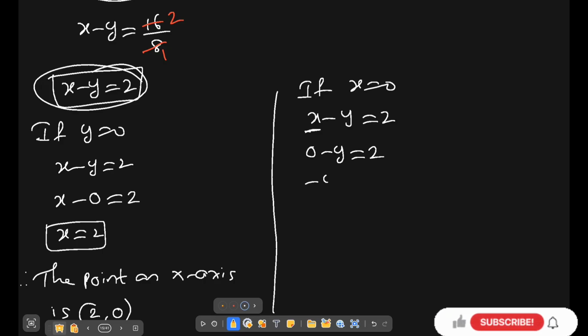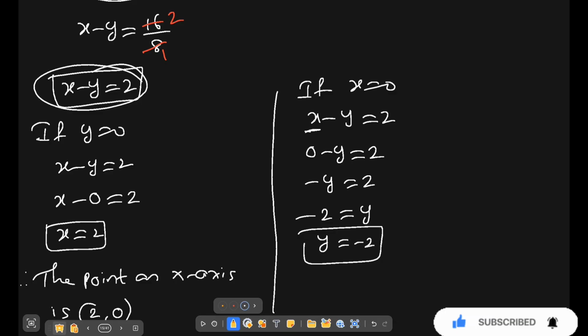So minus y is equals to 2. If you send y right side and 2 left side, it becomes minus 2 is equals to y. Otherwise y is equals to minus 2. So the point on y-axis is 0 comma minus 2.